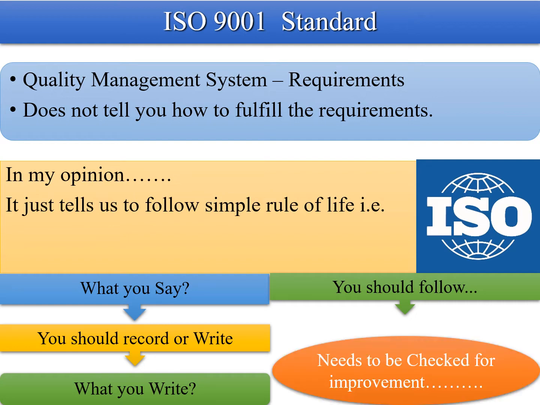Once said, written and followed, that needs to be checked for improvements if any. So it is a sort of a cycle which tells us that what you are saying is being written, and what is written is being followed, and if what is being followed is giving you the intended results, that means there is less chance of improvement in your process.